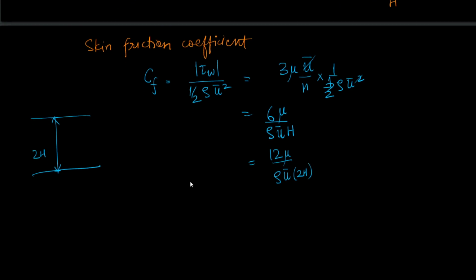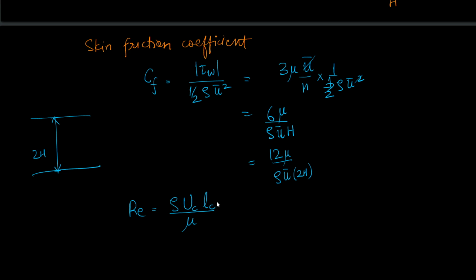We can define the Reynolds number as the density times the average characteristic velocity times the characteristic length upon mu. We'll come into the discussion of what the physical significance of this number is, but for now it is sufficient to know that it is the ratio of the inertial terms to the viscous terms.